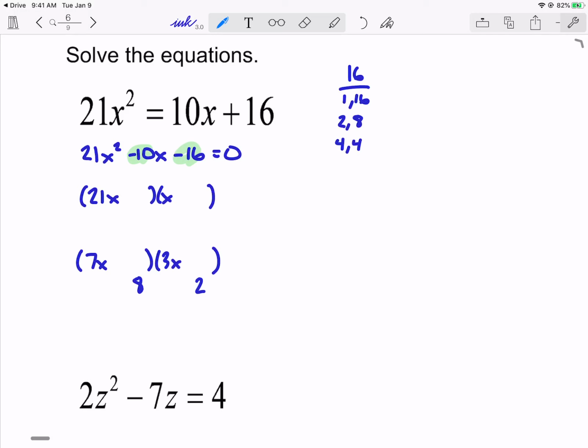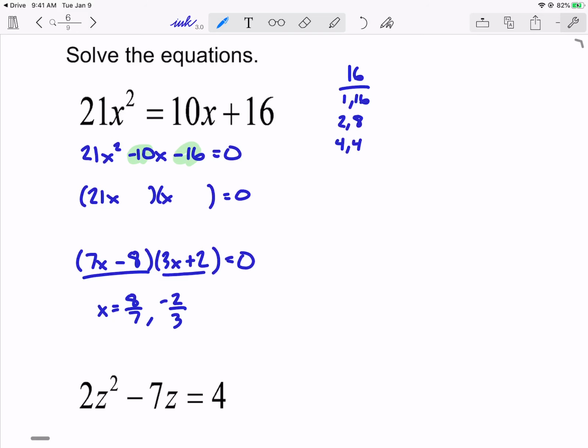Those have a difference of 10. And since I want it to be a negative 10, I've got to make the 8 negative and the 2 positive. So now these things get set equal to 0, but this is my ultimate factoring. So I'm going to add 8, divide by 7, subtract 2, and divide by 3.